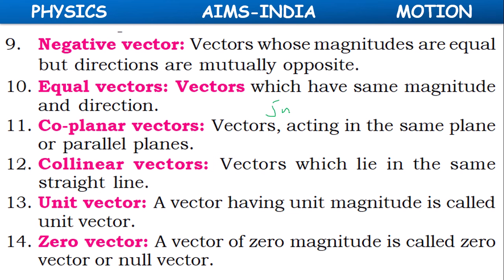Suppose one vector has 5 meters magnitude and east direction. Suppose this vector is AB bar vector.